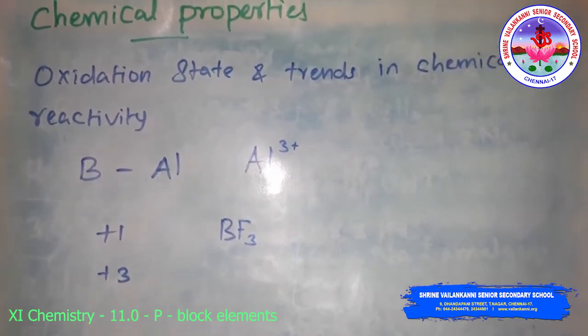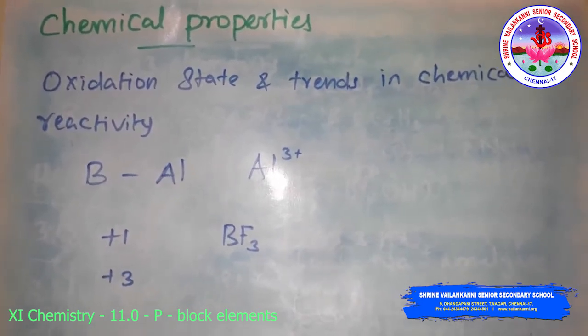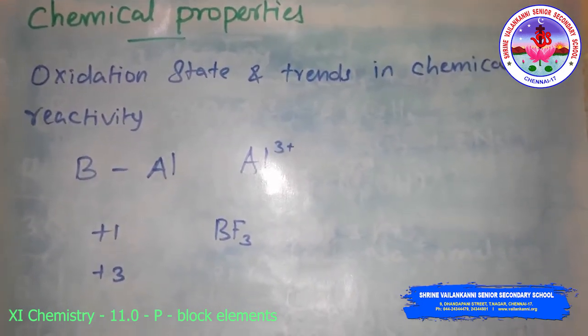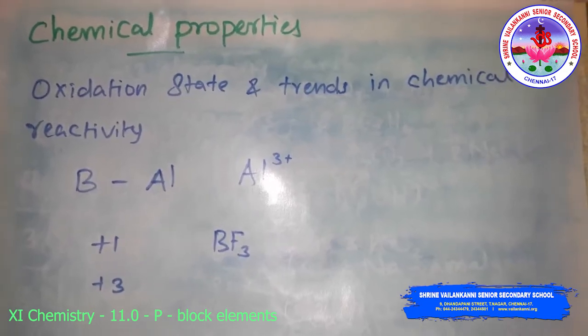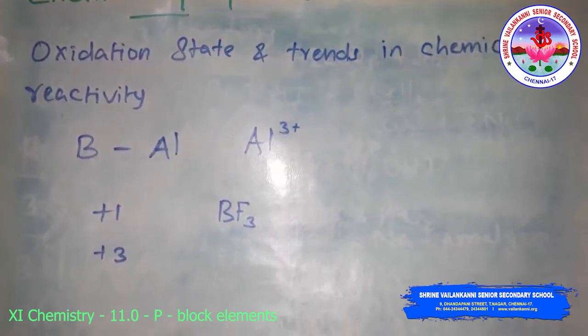That is why they are called electron deficient molecules. Electron deficient molecules have a tendency to accept a pair of electrons to achieve stable electronic configuration, and thus behave as a Lewis acid.